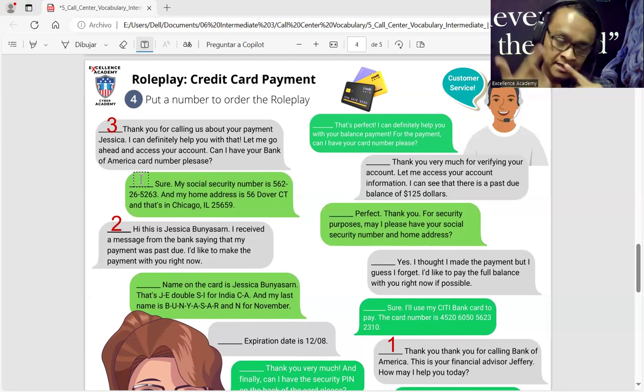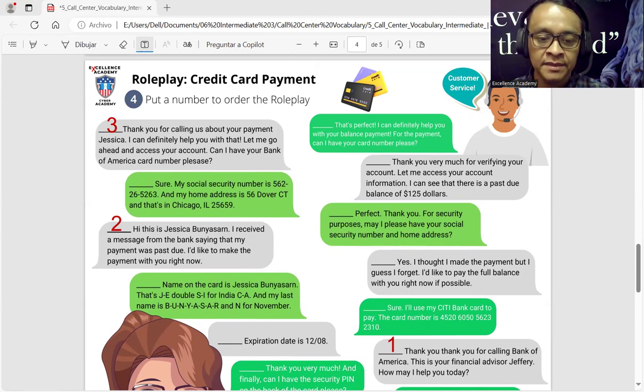So he acknowledges the request, provides assurance of help, and then goes into the verification of the customer by asking for the card number. And then number four, the customer provides the card information for the agent.